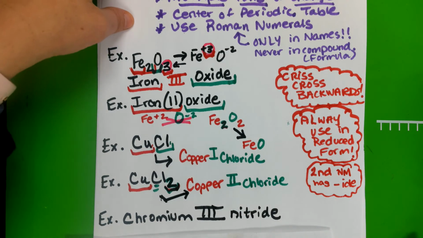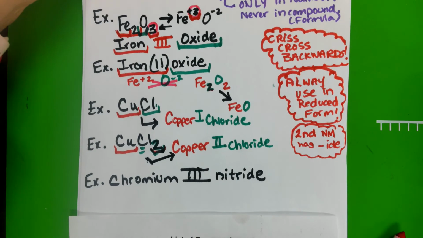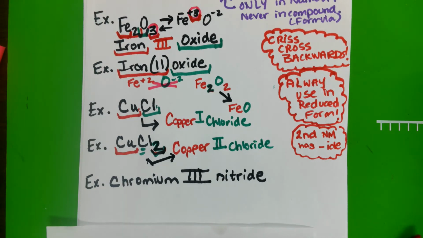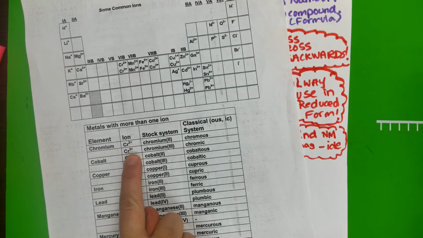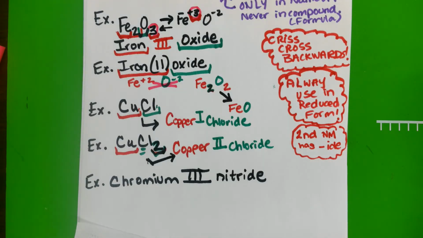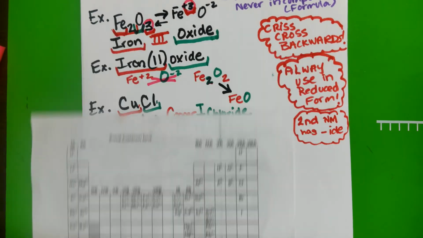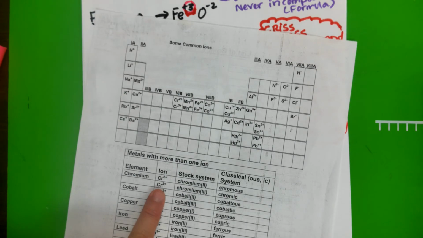Now let's look at the next one. Let's look at chromium. If we look at chromium, it has either 2 or 3, right? So again, look at chromium and it has a Roman numeral 3. Remember, the Roman numeral is a charge of chromium. So what's the symbol? It's Cr and it's 3 plus.